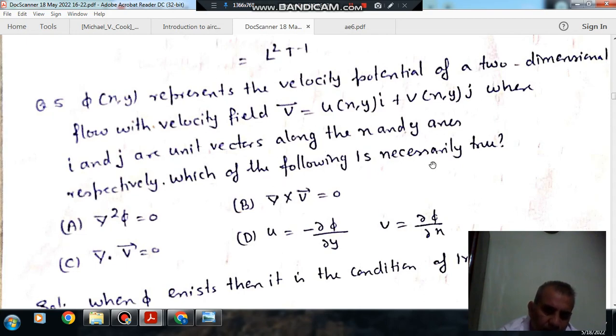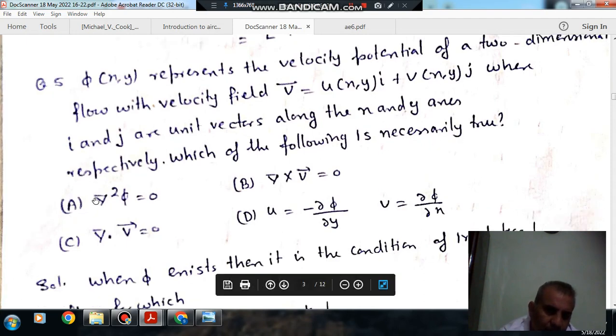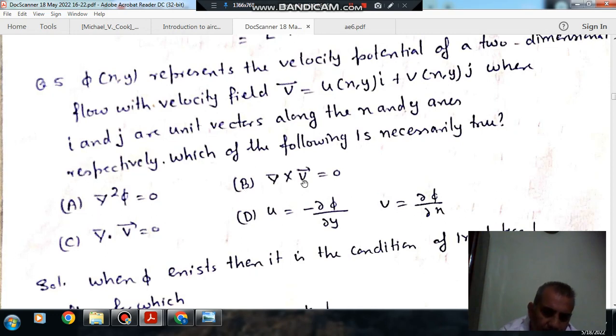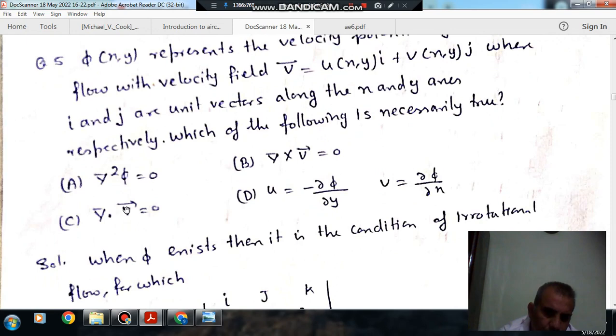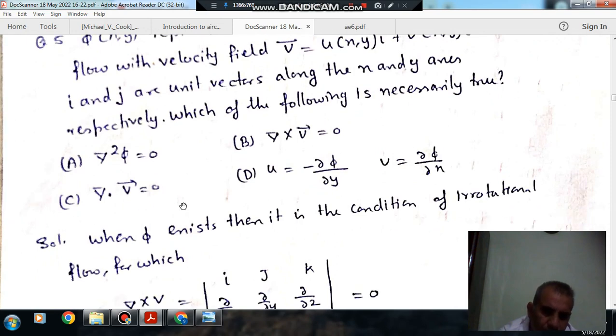Which of the following conditions is necessarily true? Option A: del squared phi equals 0, option B: del cross V equals 0, option C: del dot V equals 0, option D: du/dx equals dv/dy.